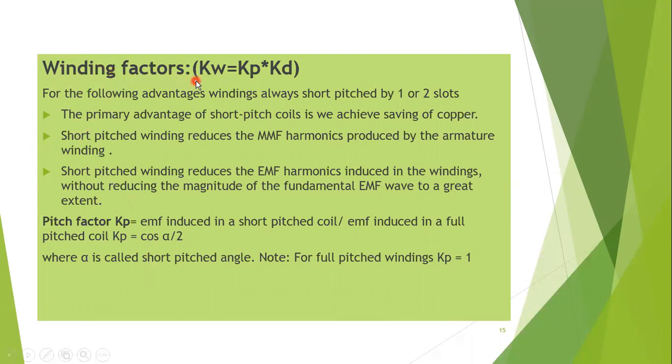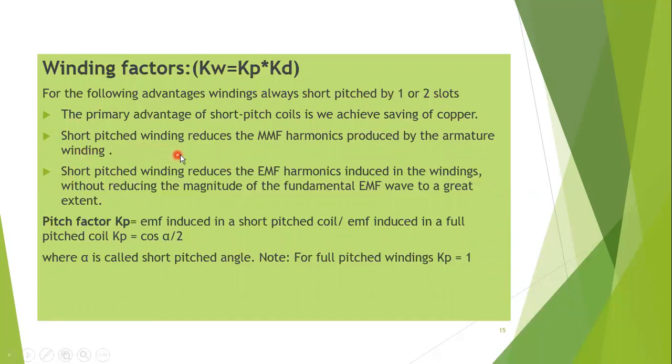So let us see what the winding factors are. In the EMF derivation, we have already seen what Kw is, the winding factor, which has the pitch factor and the distribution factor. For the following advantages, windings are always short pitched by one or two slots. Why are we not always going for full pitch winding? Because the primary advantage of the short pitch coil is saving of copper, since the amount of copper required is reduced.